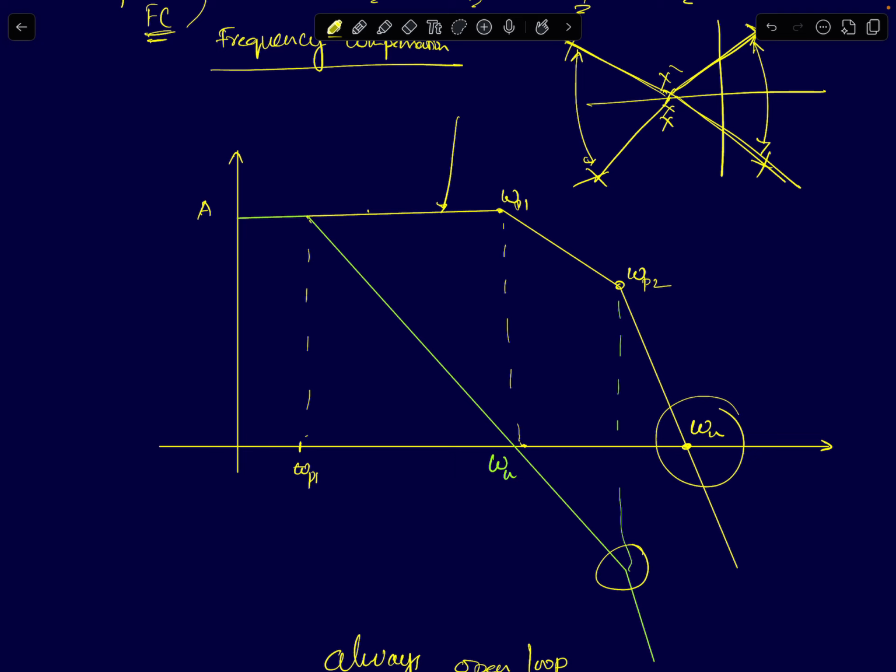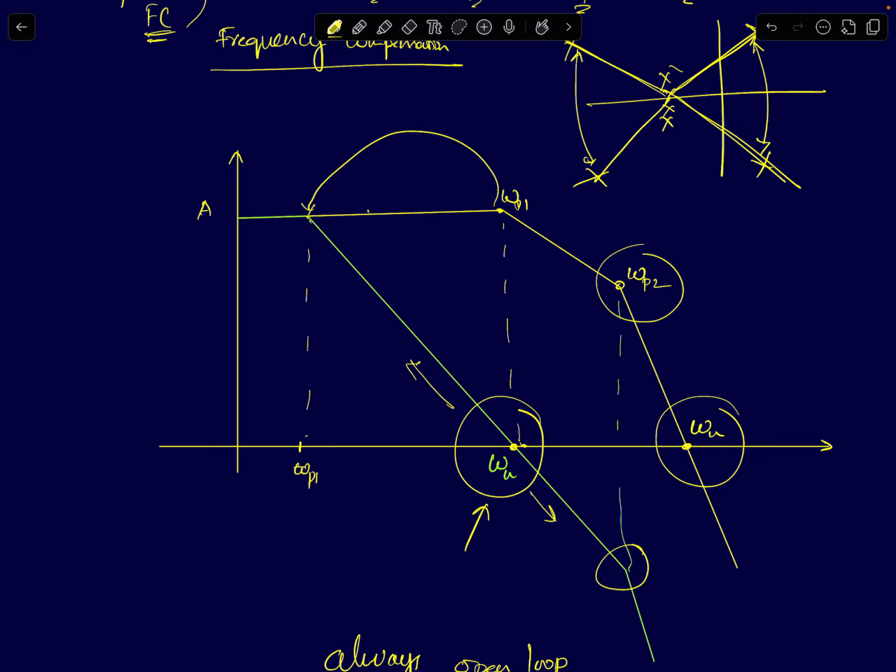So what do we do? We employ a frequency compensation technique called dominant pole compensation. In dominant pole compensation, we make one pole intentionally a very low frequency pole. By doing so, the UGB, the unity gain frequency, will occur even before the second pole. So near the unity gain frequency, the frequency response will look like a first order system.